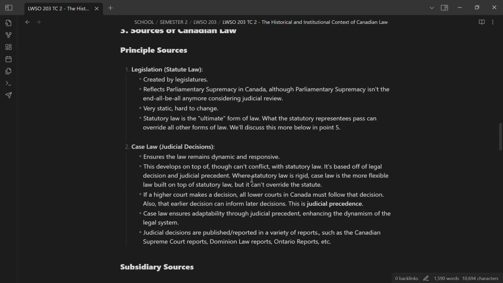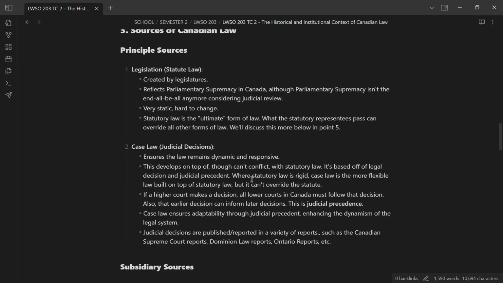Another source of Canadian law is case law, or judicial decisions, essentially a large part of judicial review. Case law ensures that laws remain dynamic and responsive. It's important to note that case law develops on top of, though it can't conflict with, statutory law.